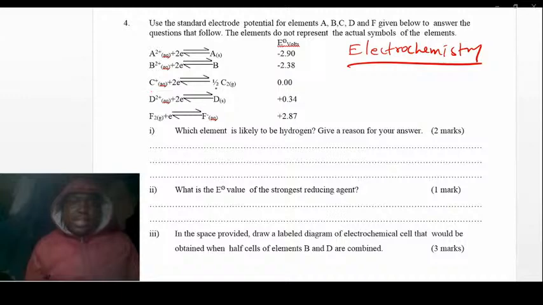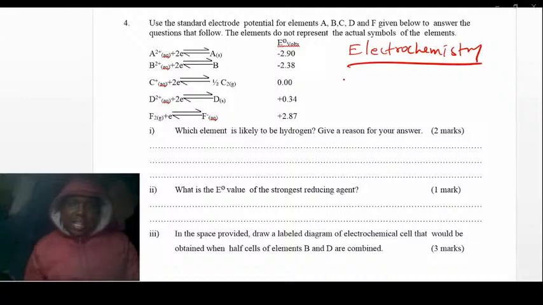When you see C is 0.00, that one is our reference, and we know our reference electrode is hydrogen.